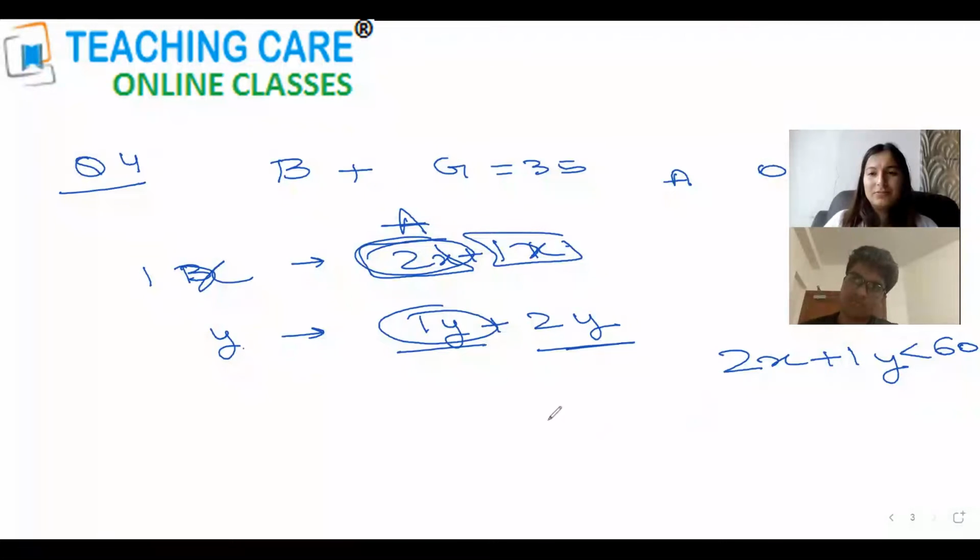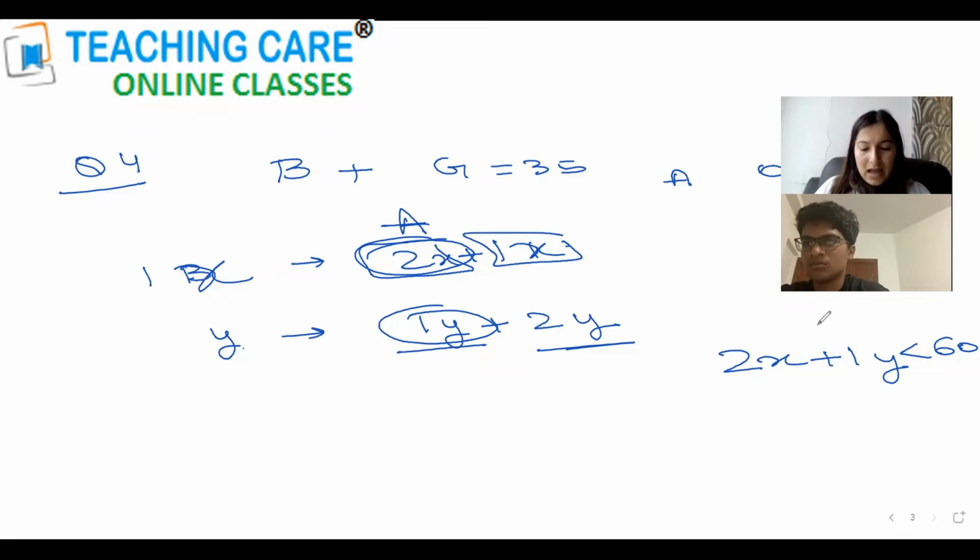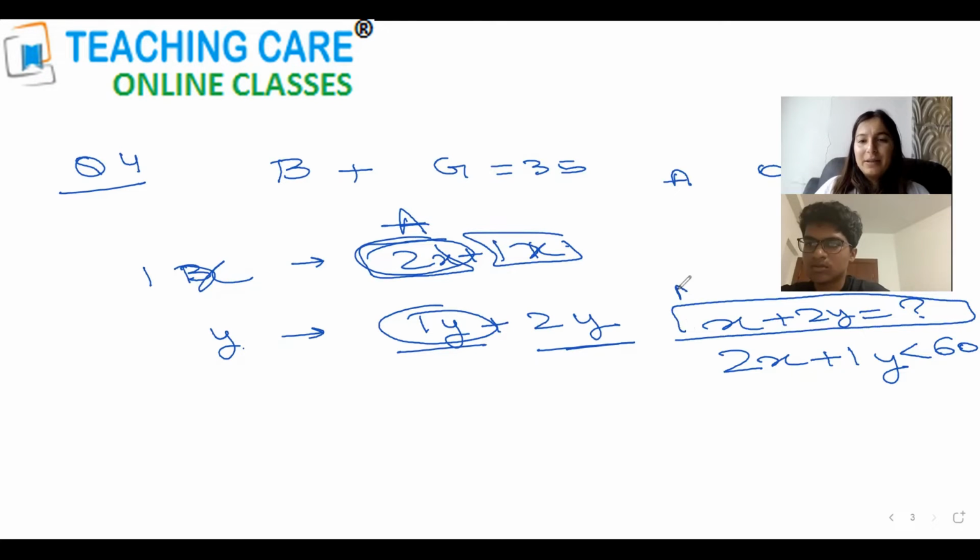It is given in the question. Also, we need to find x plus 2y, the minimum of how much, which is your question, and which is the number of oranges, right? We need to find the minimum value of this one. And x plus y is given as 35.